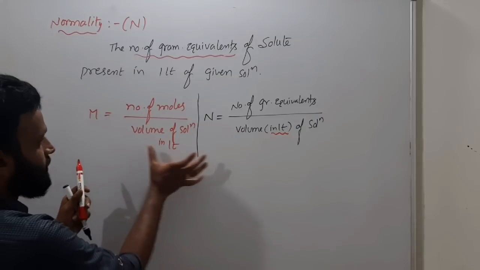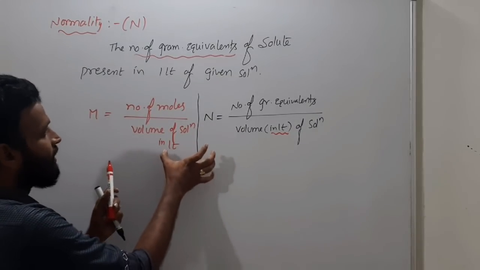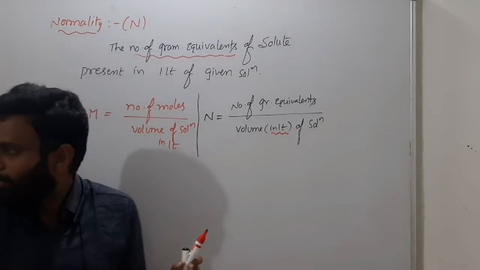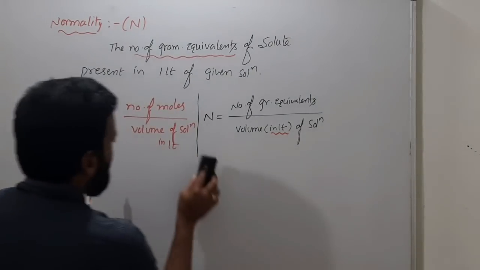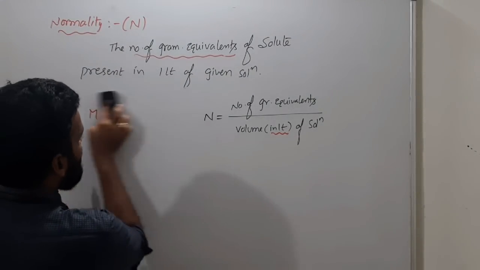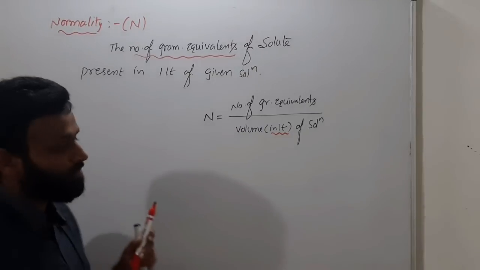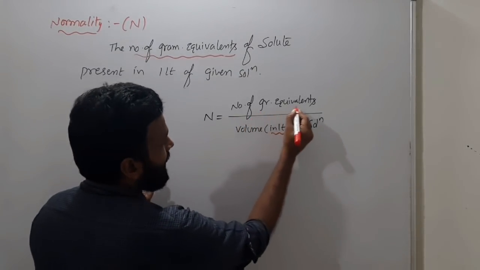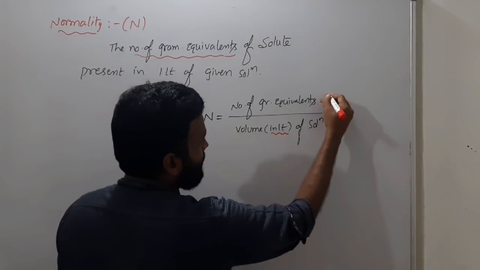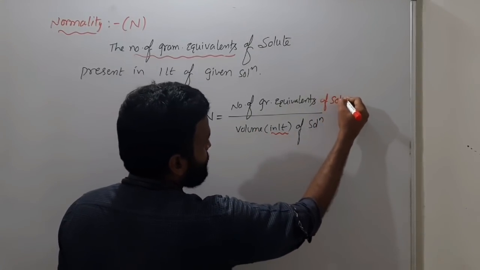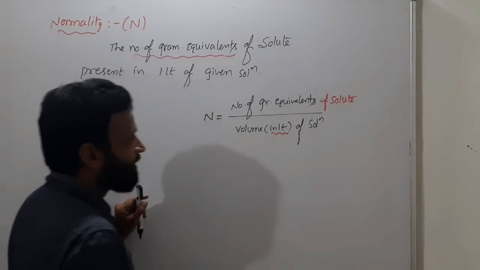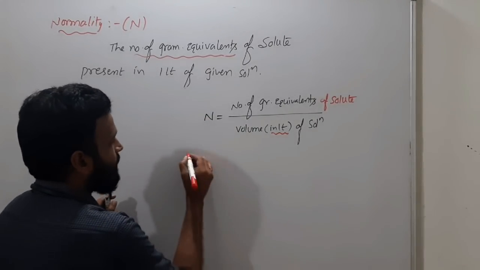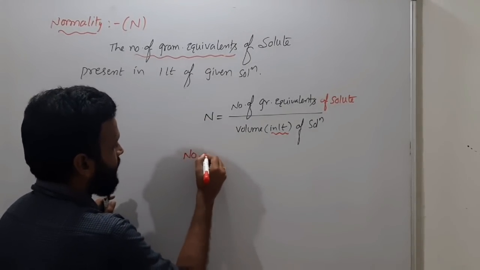Now forget this comparison; our topic is normality, so we have to discuss normality itself. Normality is the number of gram equivalents of solute. But what are gram equivalents?